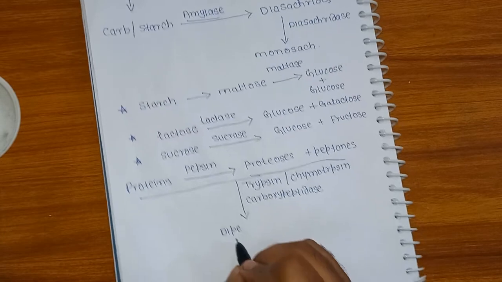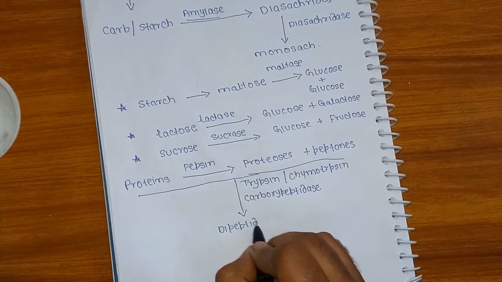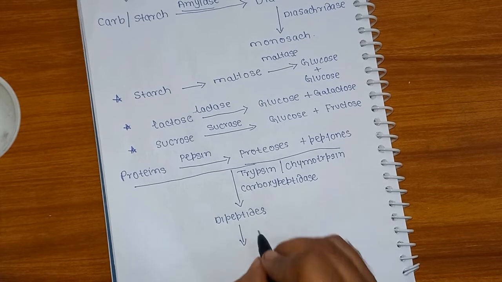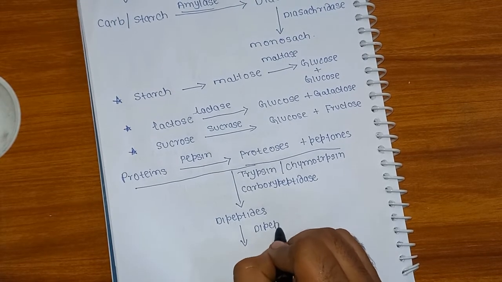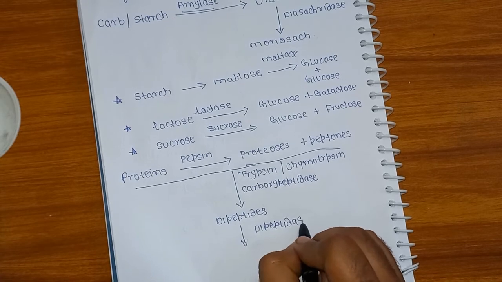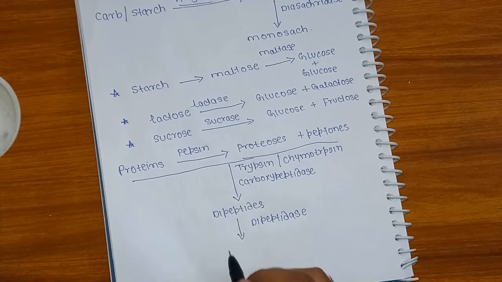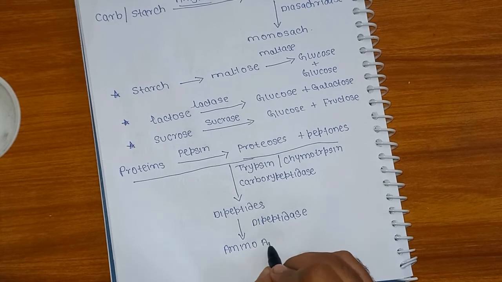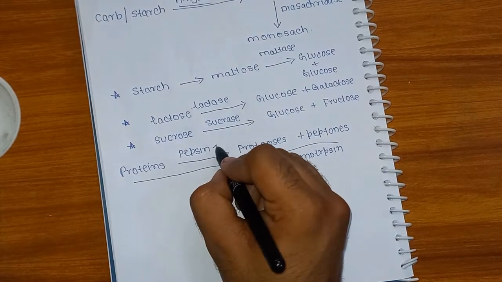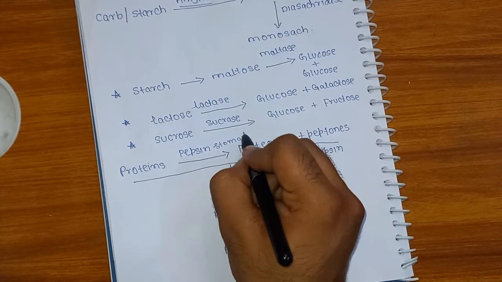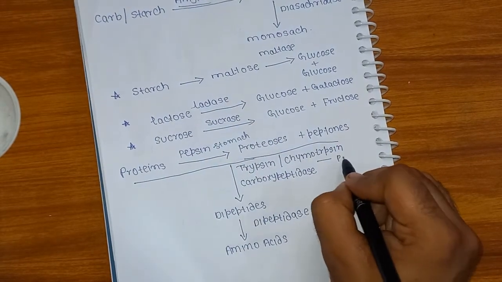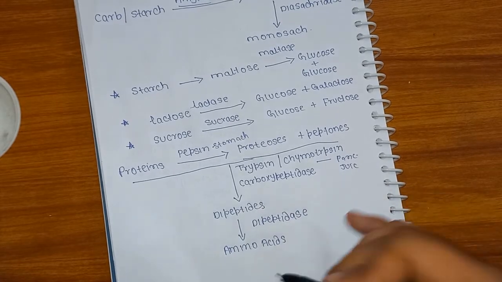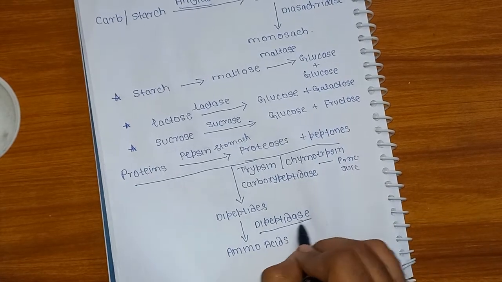These dipeptides are acted upon by dipeptidase, which is present in succus entericus, and converted into constituent amino acids. This occurs in the stomach, then in the duodenum by pancreatic juices, and also in the intestine by intestinal juice.